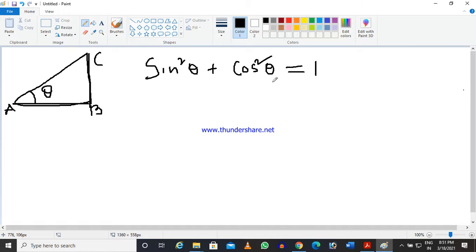So we know what is sine theta, already we learned. So sine theta is BC by AC, and cos theta is equal to AB by AC.